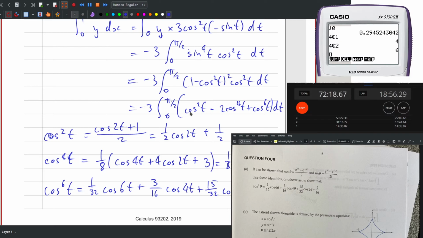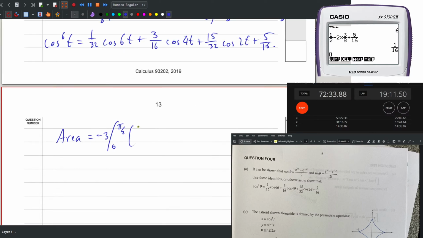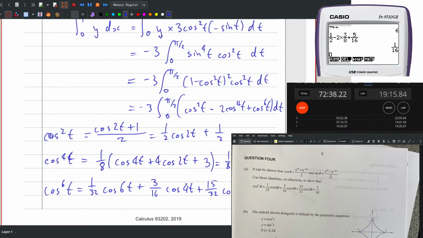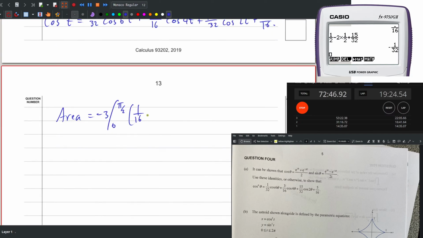Okay, so we have one of these, right? So we have 1 cos squared, so we need a half. And then minus 2 times 3/8 plus 5/16. It's 1/16 apparently. Okay, so 1/16. So how many cos 2t's do we need? We need a half minus 2 times a half plus 15 on 32 apparently. So that's minus 1/32 cos 2t.